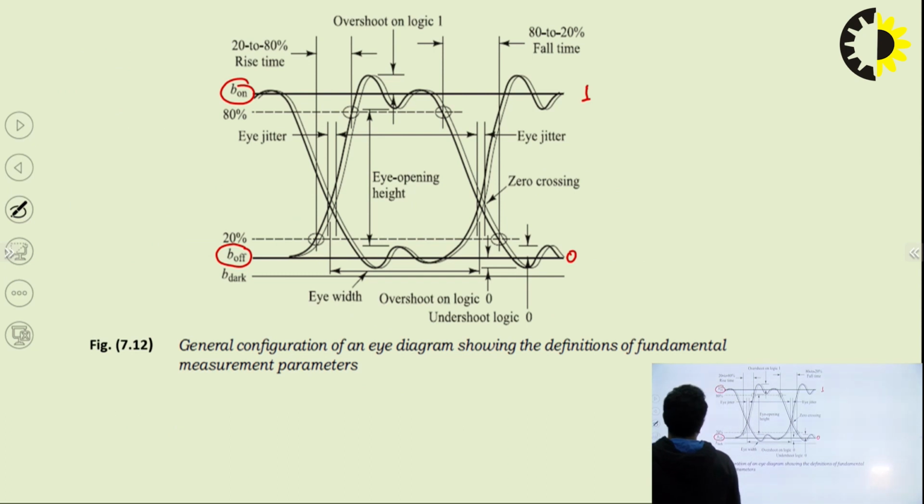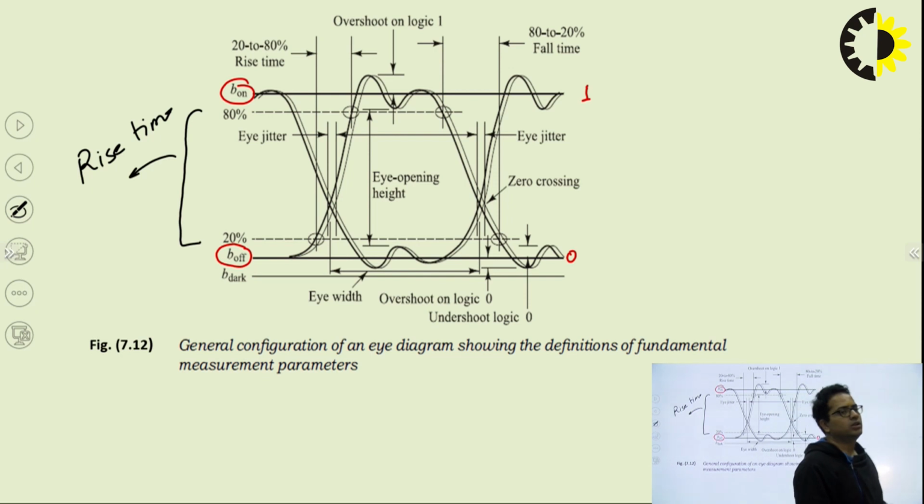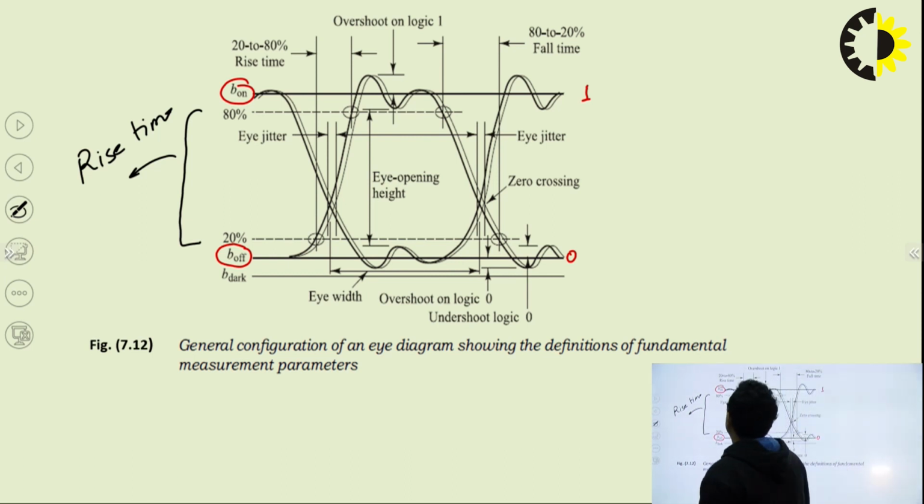This one is the rise time from 20% to 80%, the time taken by the signal to move from 20% to 80% of the maximum amplitude. So that is telling us our rise time.